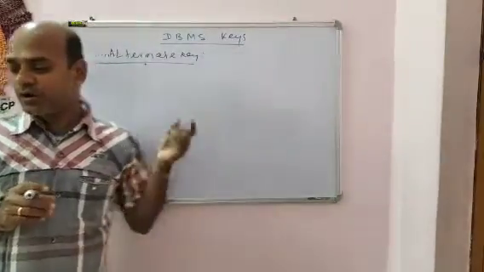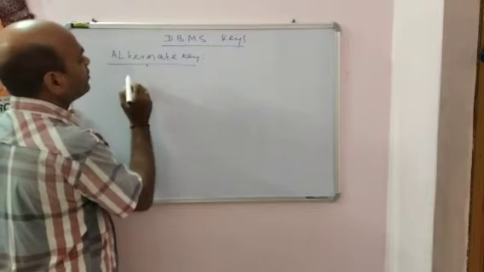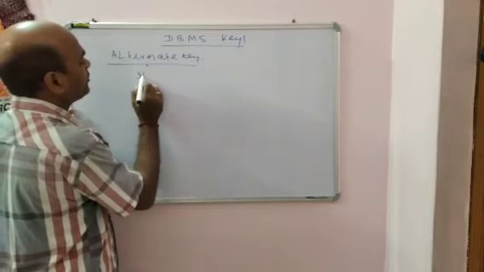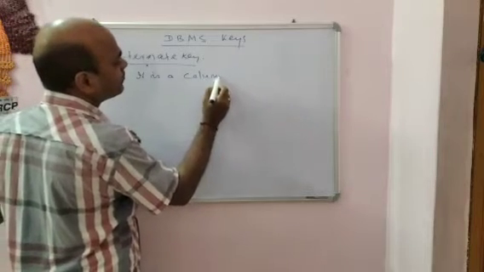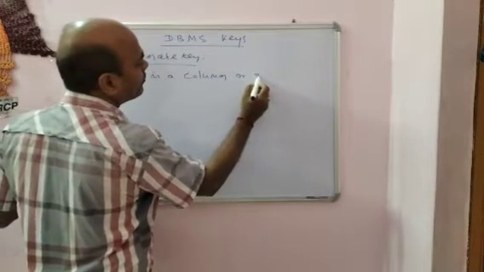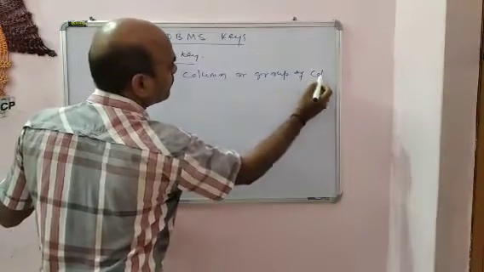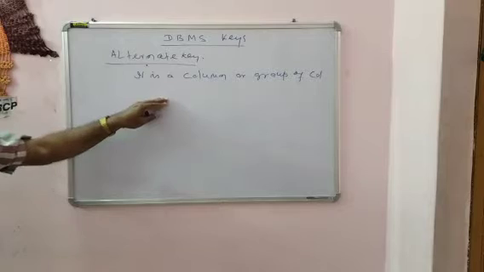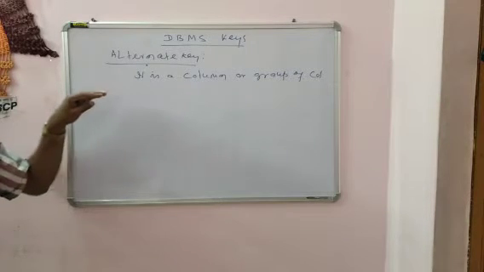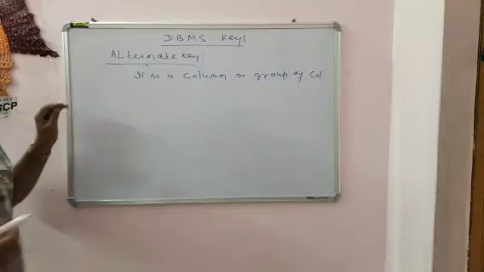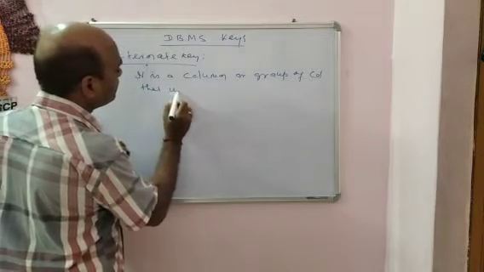Alternate key is a column or group of columns in a table that uniquely identifies every row.